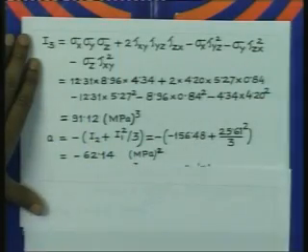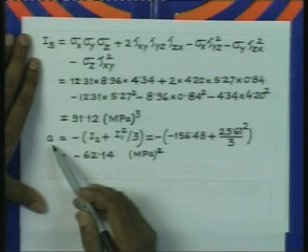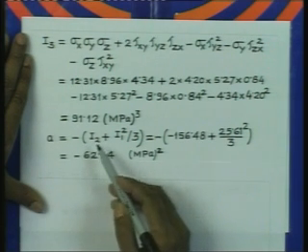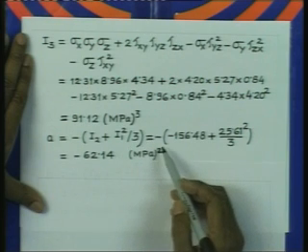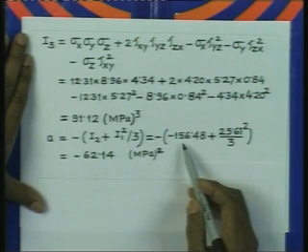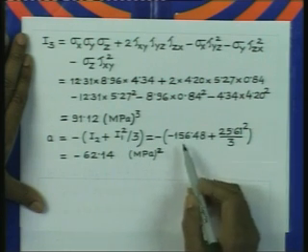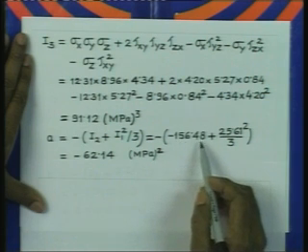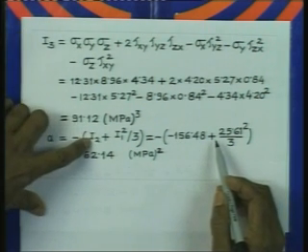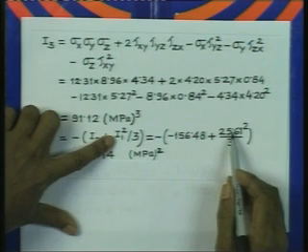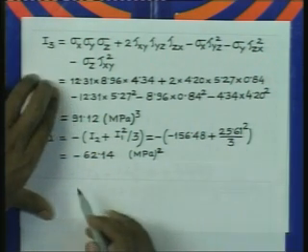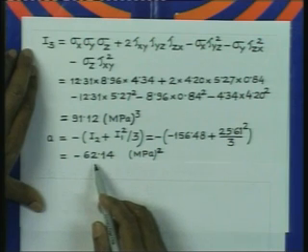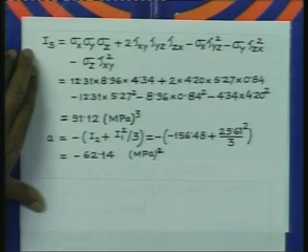Then we try to calculate the constants. A is minus I2 plus I1 square by 3, and so if we substitute the values we have got earlier, this is minus 156.48, that is I2, and then I1 is 25.61. So, therefore, 25.61 square by 3, and on simplification this will become minus 62.14 MPa square.